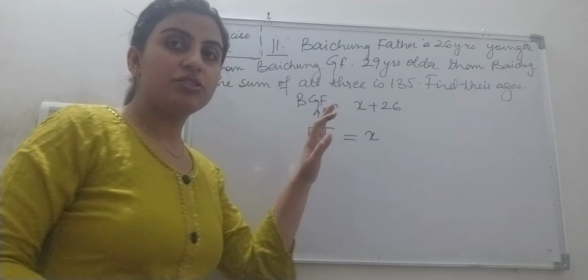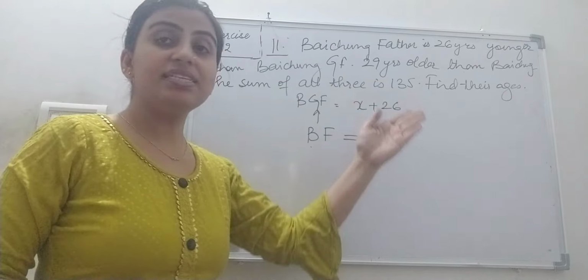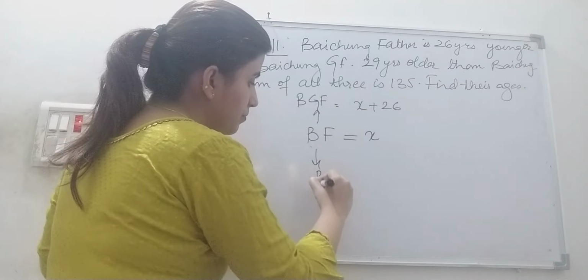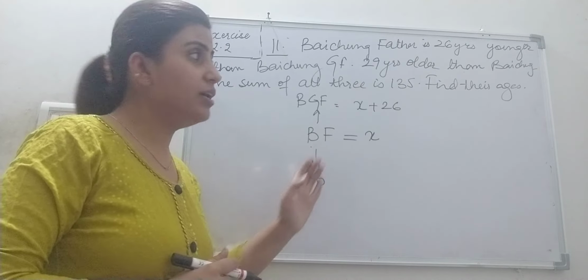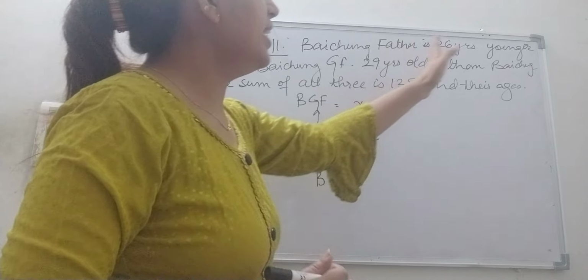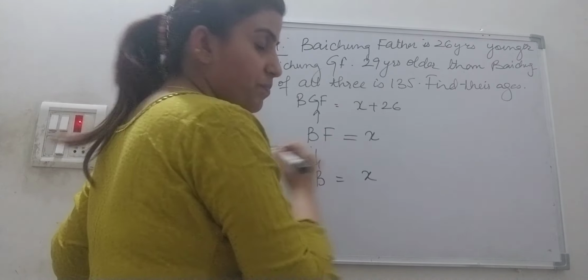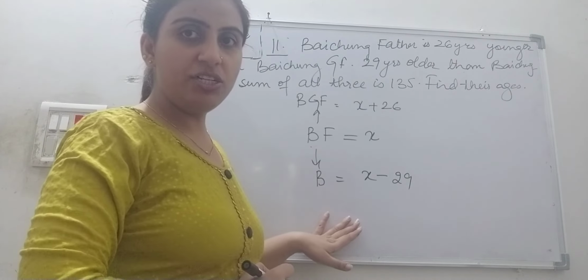This means the grandfather is 26 years older than the father. Now Bachung, obviously, will be younger than Bachung's father. They have said the father is 29 years older than Bachung. That means whatever the father's age, if I subtract 29 from it, I will get Bachung's age.